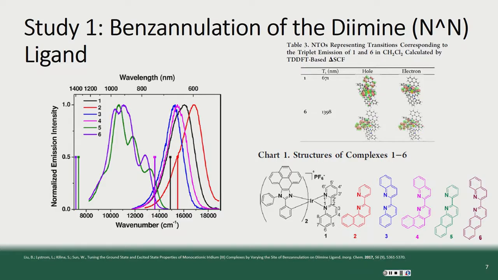If we look between compound 1 and 6, we put benzoannulation here and here, which now has a large pi conjugation system, and that changes the emission character from a charge transfer, which means the hole and the electron are located on different parts of the molecule, to now a pi star, and you can see a dramatic change in the emission property, which may not be bad for bioimaging, but it would be bad for light emitting diodes because you do not have pure light.